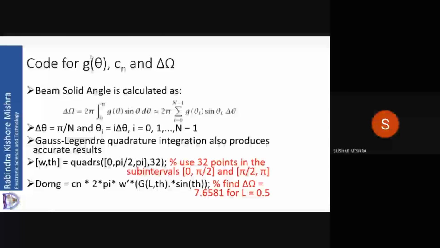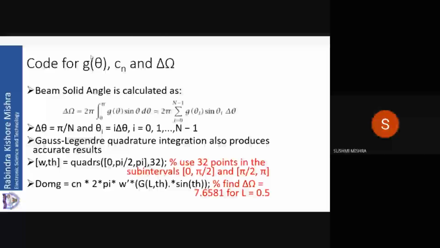Instead of using this approximation, which is a very simple or crude approximation, you can also use Gauss-Legendre quadrature. That integration also gives you a more accurate result. So for that you can write WTH is equal to QUADRS. That is the integration function in MATLAB.